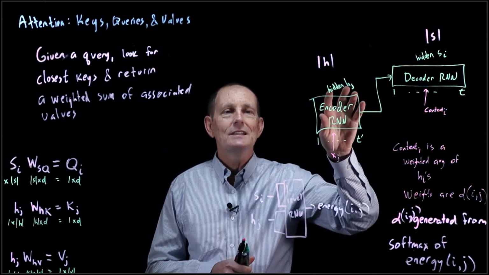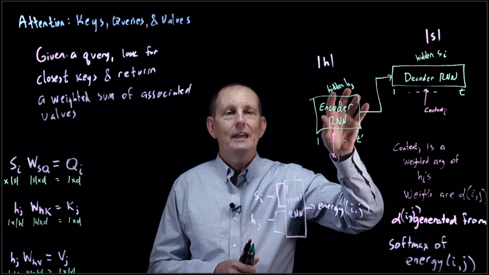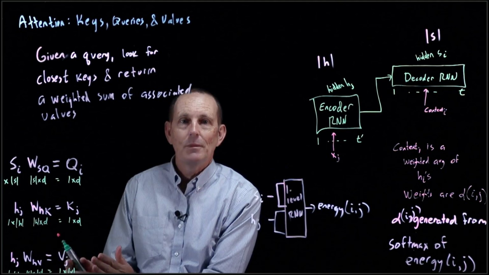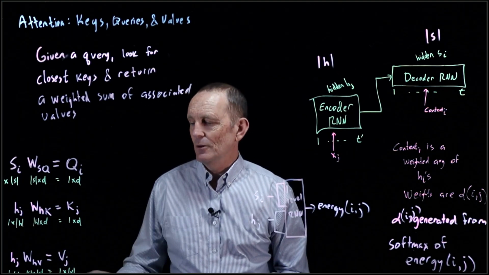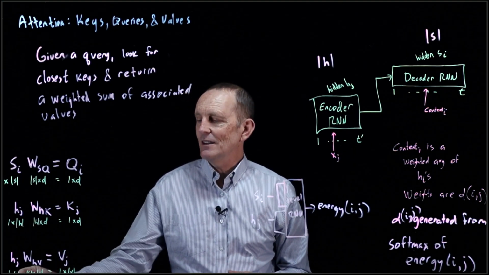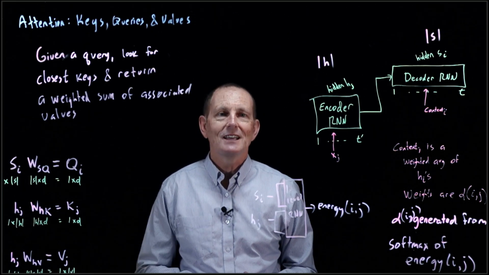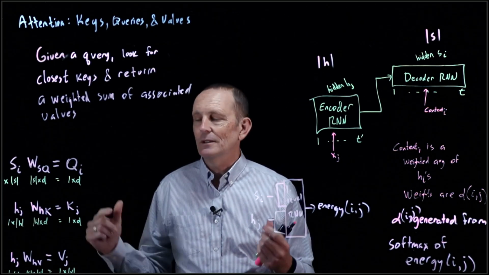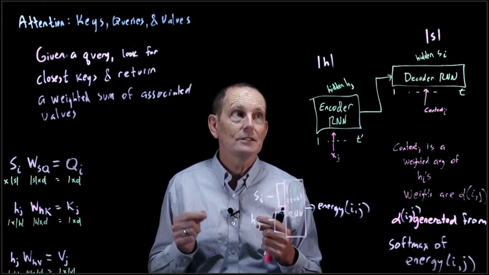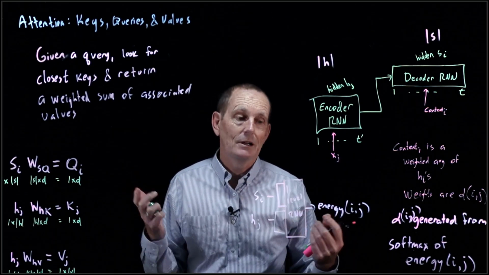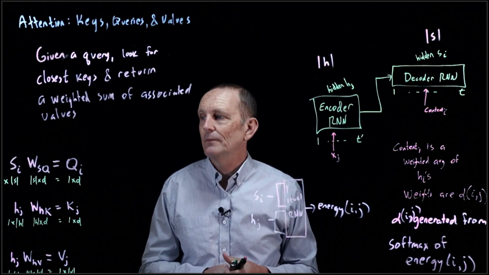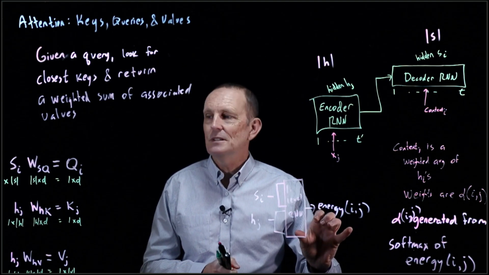Instead, it can be weighted sums of H's projected into some other dimensional space. So it doesn't have to be an H-dimensional space, it can be some size of V-dimensional space. So we can, in that way, perhaps shrink the H sub J's. If H sub J's are large, we can shrink them down smaller or larger, or whatever we want to do. But we're going to still look at how we can compute these energies.